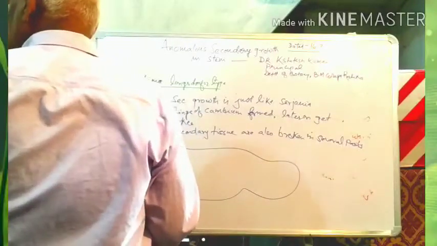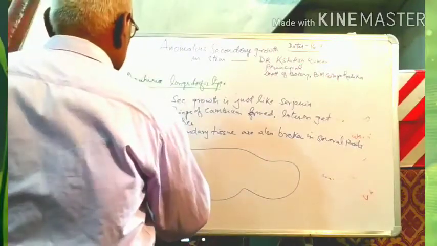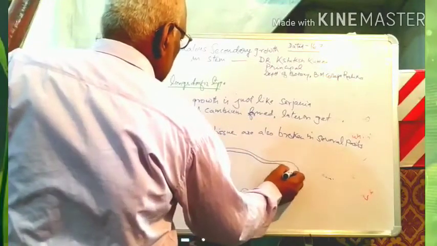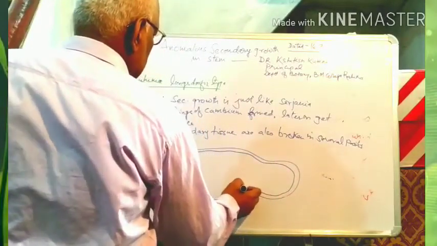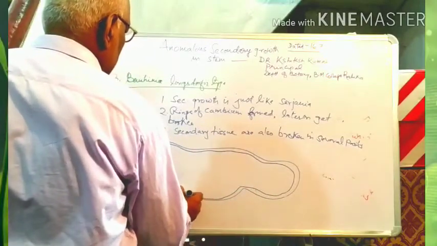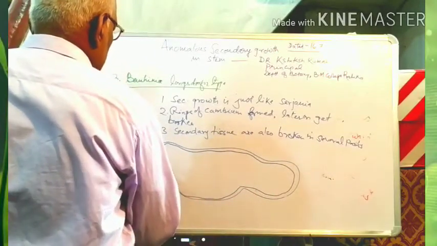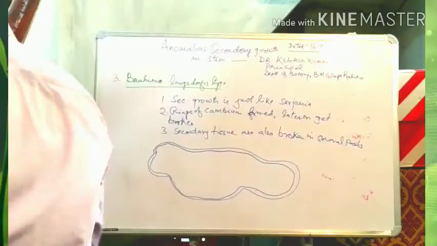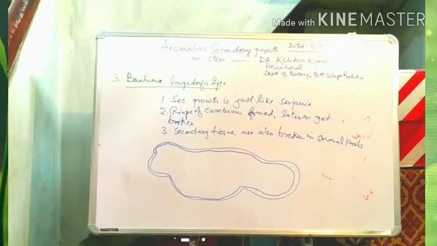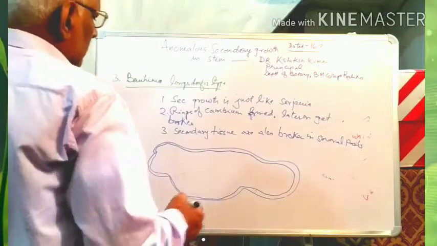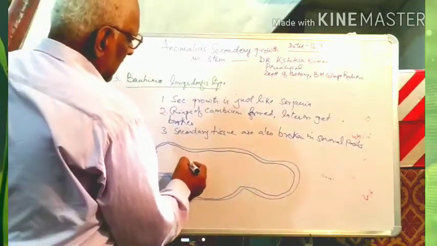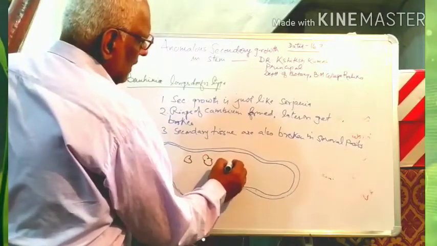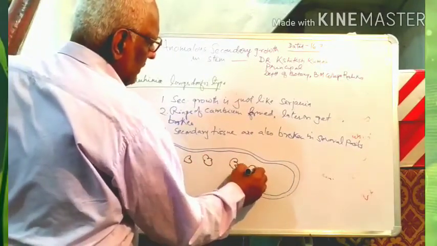Here is the TS of a stem, in which the cambium rings formed in the secondary growth are broken, and the secondary tissues are broken in irregular shapes.